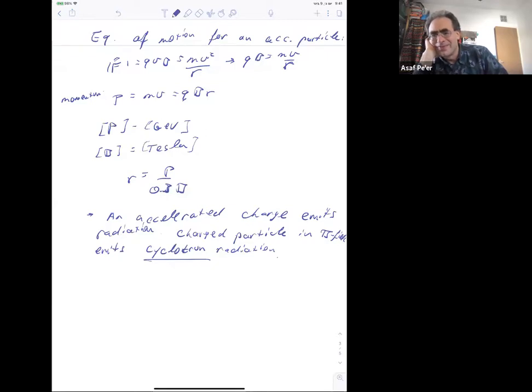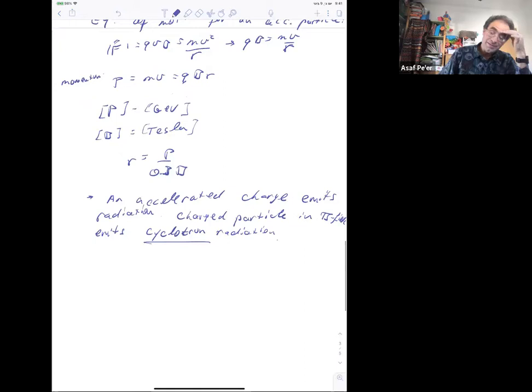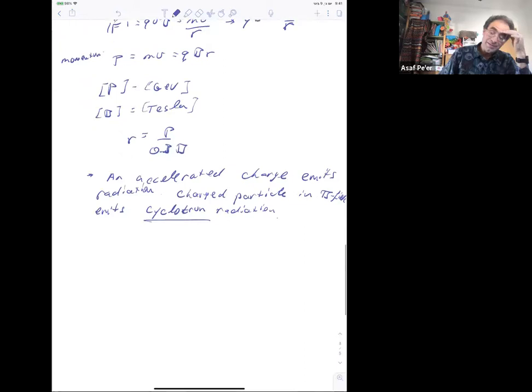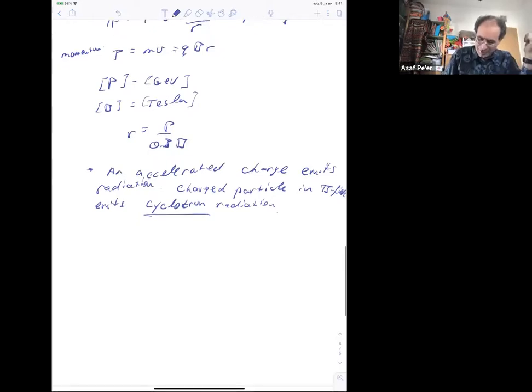Now, cyclotron radiation is for non-relativistic particles. The relativistic version is called synchrotron radiation. I'm not going to develop it for you right now.